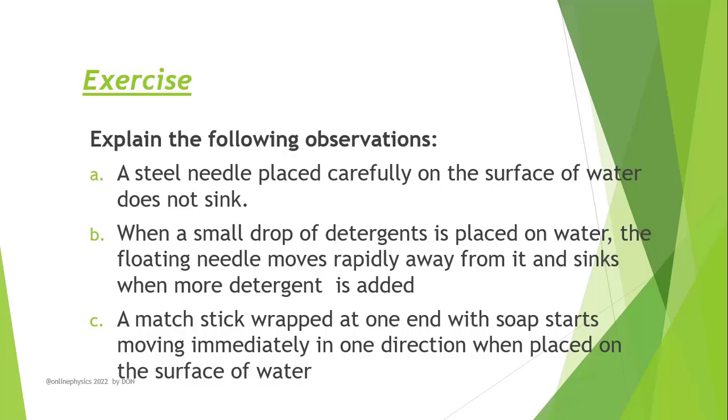Now this is a question that is captured from the concept on factors affecting surface tension. So as a student, you should know how adding impurities affects the surface tension. So that one you can be able to explain using the factor of impurities.